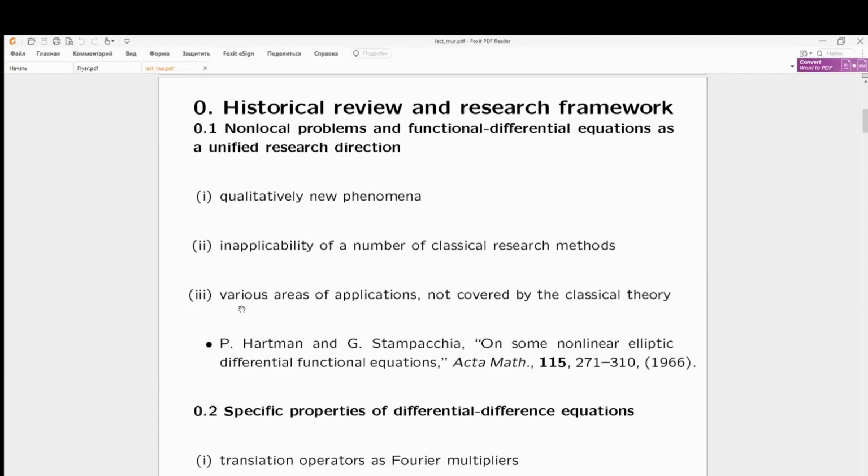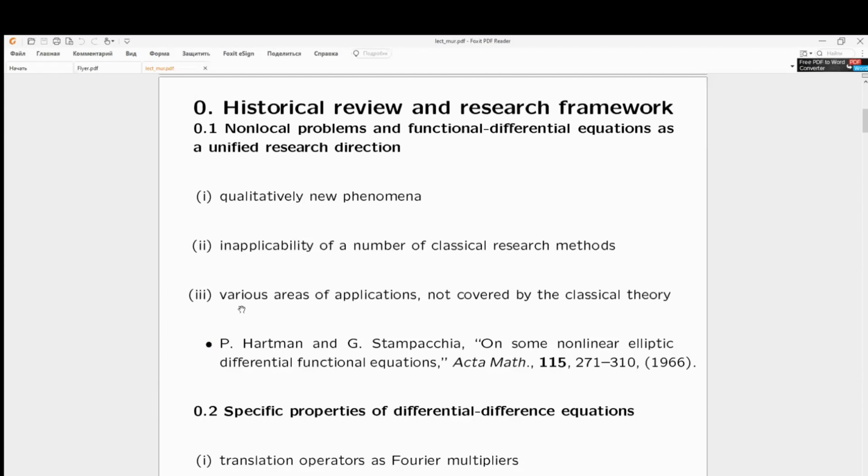Functional differential equations are to be investigated because there are many applications not covered by the classical theory of differential equations. Another reason is that qualitatively new phenomena, not found and not taking place in the classical theory of differential equations, arise in this area.